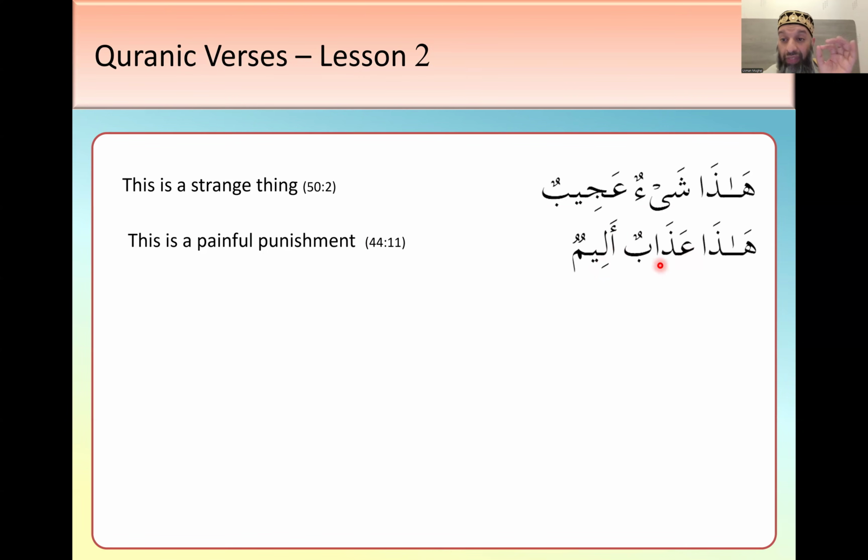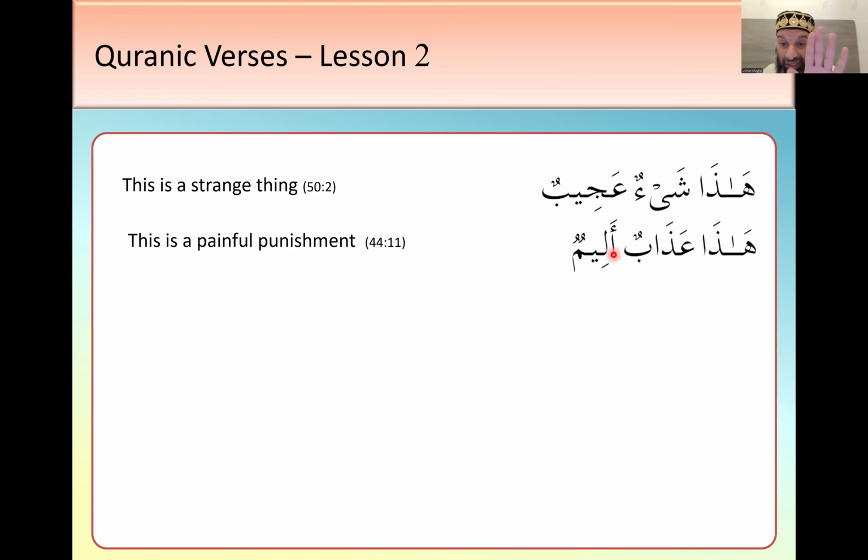So again, we can see adhab is the noun. Alim is the adjective, and the adjective doesn't have alif lam. This alif lam here is part of the word. If you're going to add an alif lam there, it would be al alim. So this alif lam isn't the definite one.